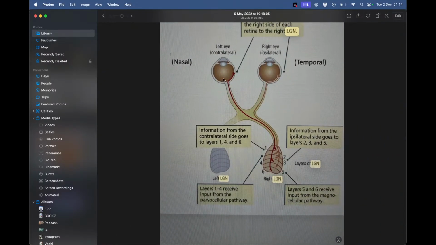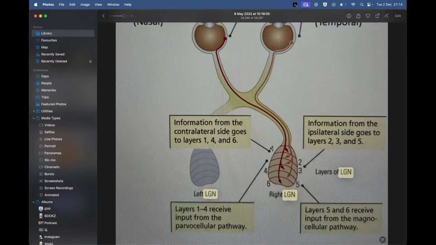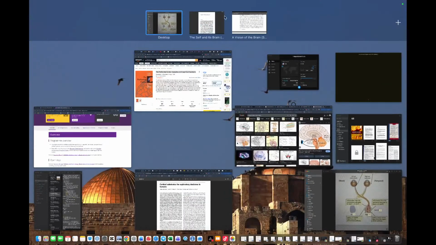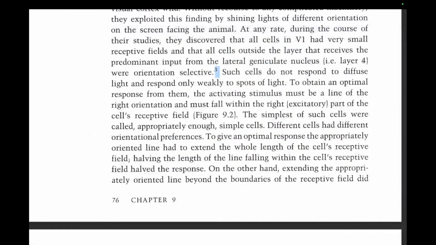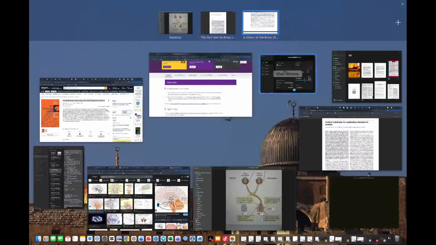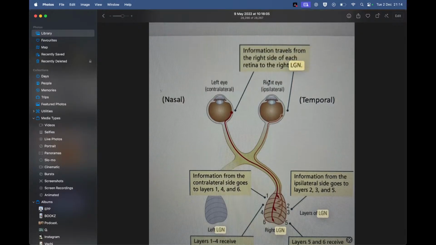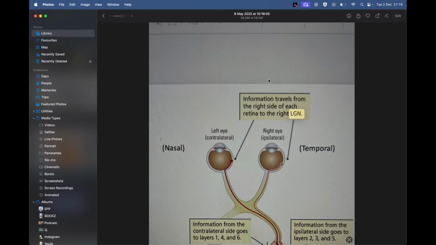So the left eye connects with the right, and Zeki was speaking of layer 4. Should be layer 4, yeah. So layer 4 receives input from the parvocellular pathway, from the contralateral, which is the left side, and ipsilateral, which is the right side of each eye, right?